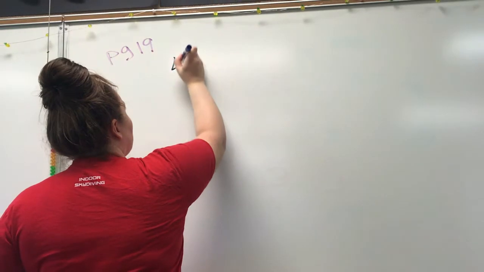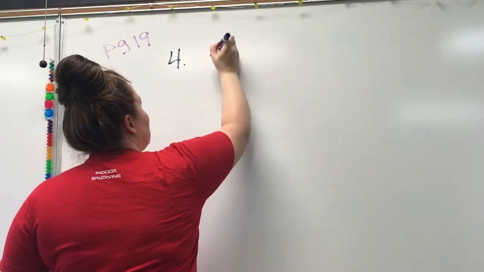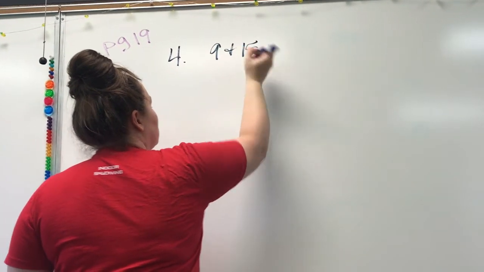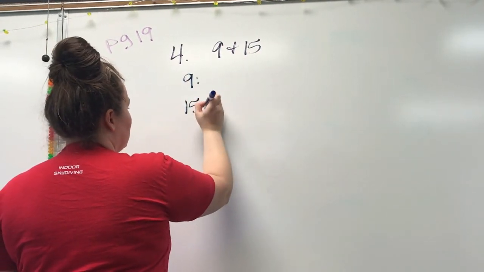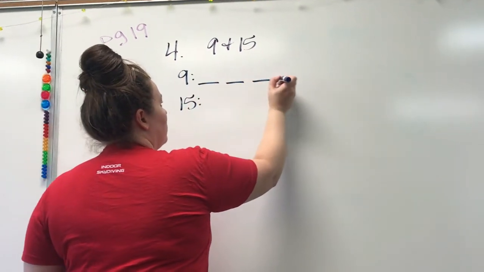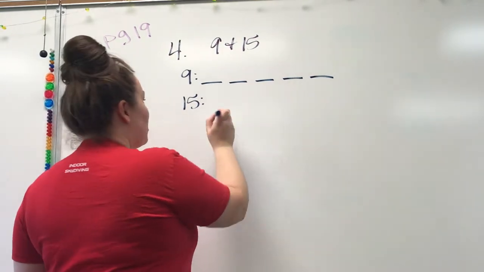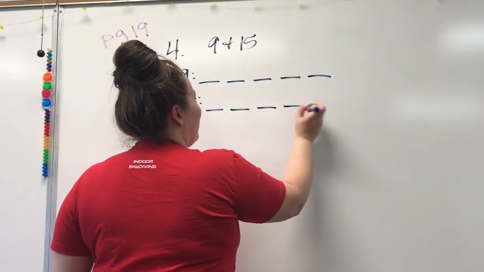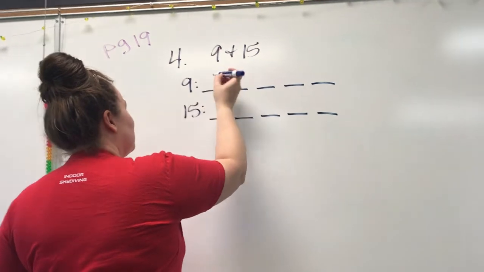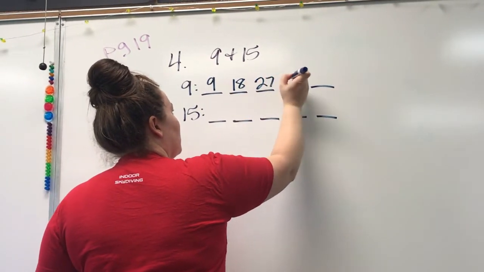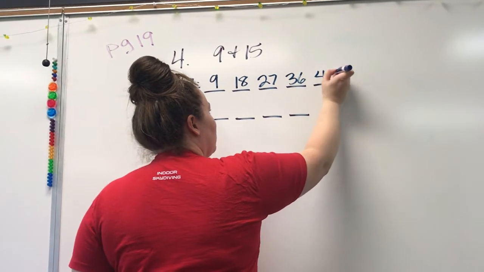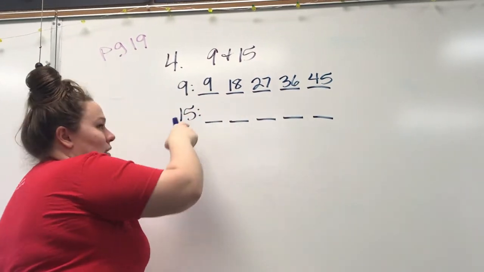We're going on to number 4, which is 9 and 15. Okay, I like the 2 dots. I think that's the easiest and the one you mess up least on. 9 times 1, 9, 18, 27, 36, 45. 15.